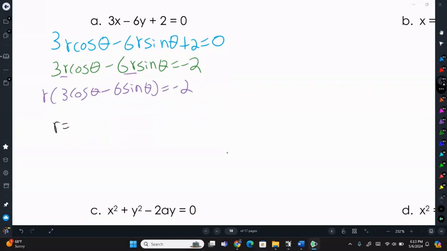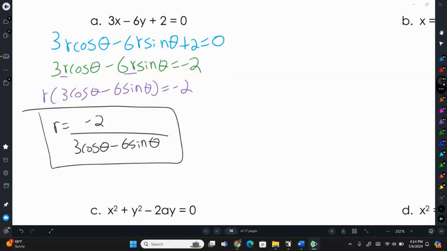So r is equal to negative 2 over 3 cosine theta minus 6 sine theta. And we've gotten our r by itself now, so that is our final answer. As ugly as that looks, that is as far as we can go with this.